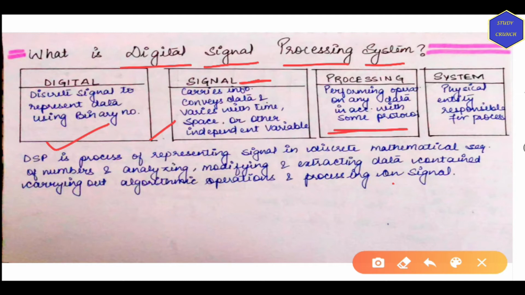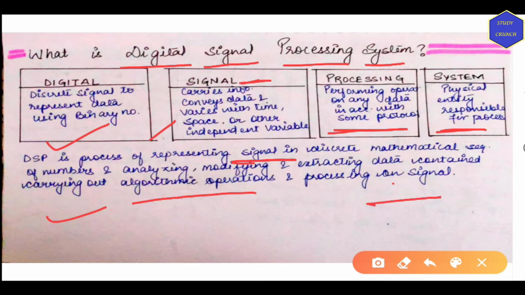Then what is processing? Processing is performing operations on the digital signal which is being carried. And what is the system? System is any physical entity for the processing of the signal. So in all, we can conclude that DSP is basically the process of representing a signal as a discrete mathematical sequence of numbers and analyzing it, modifying it, or extracting the data contained, carrying out algorithmic operations and processing on signals.